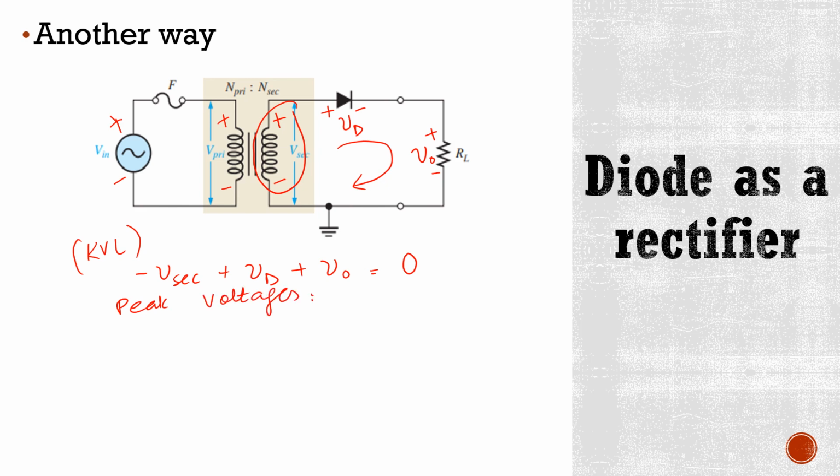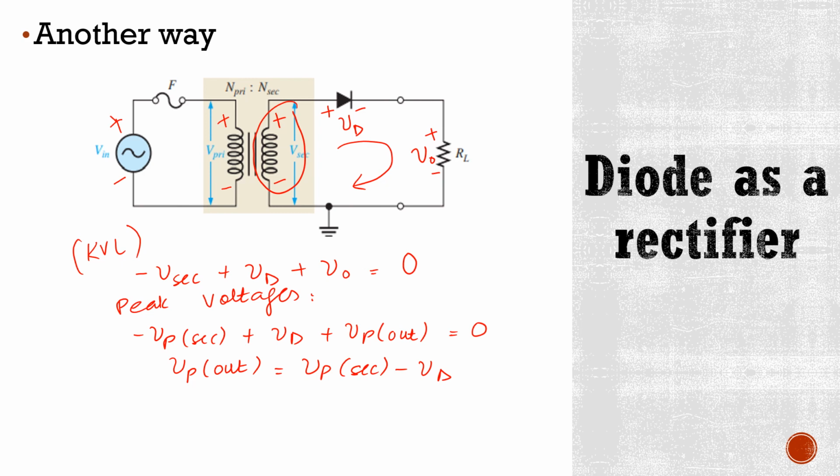So this equation will become like this: minus Vp secondary plus Vd plus Vp out. It means peak output voltage is equal to 0. If we rearrange this equation, we get Vp out is equal to Vp secondary minus Vd.